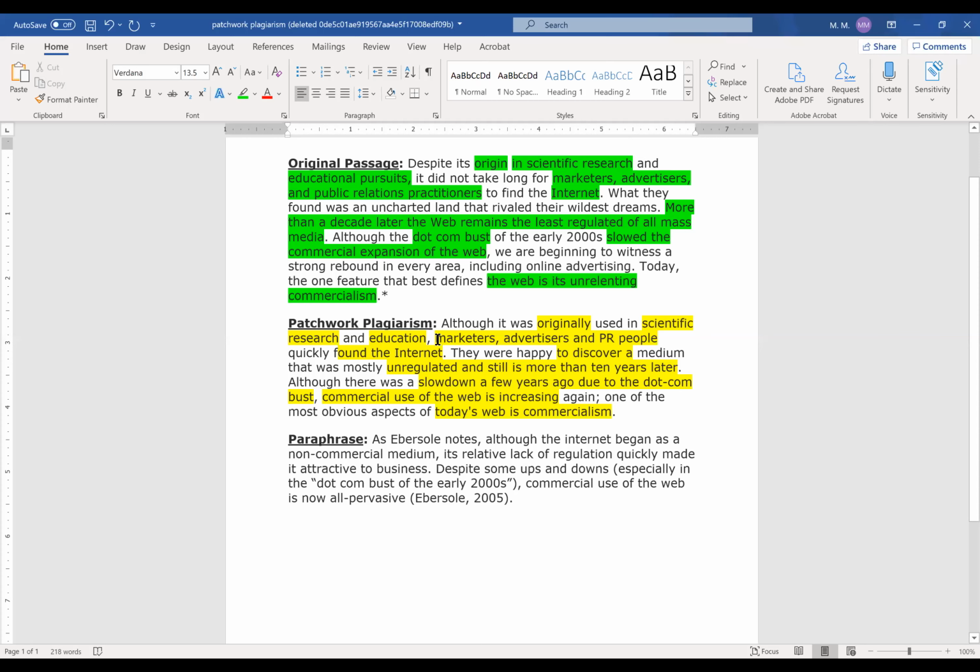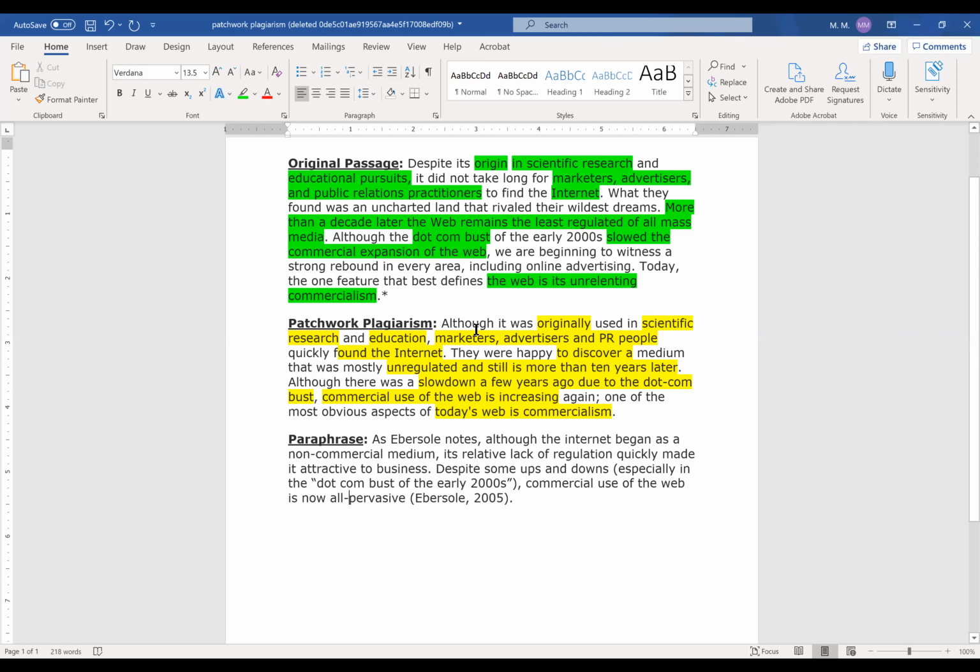Okay, so here is an example of using an original passage and doing patchwork plagiarism. Notice it's not word for word. So despite its origin in scientific research and educational pursuits, it did not take long for marketers, advertisers, and public relations practitioners to find the internet.